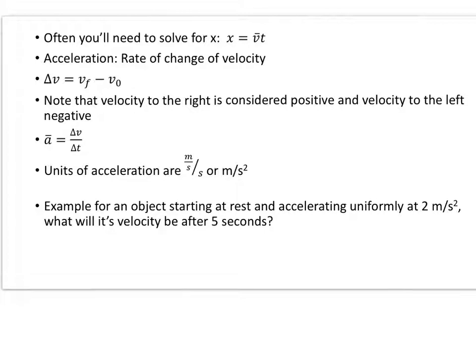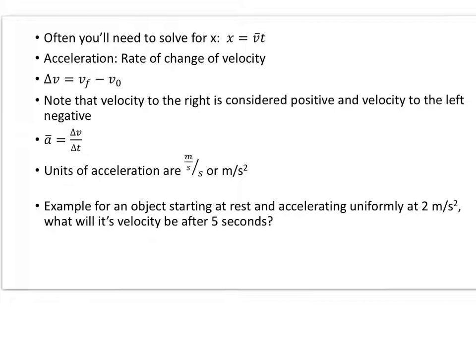Okay, so here's a very simple example. If you have an object starting from rest and accelerates uniformly at a rate of 2 meters per second squared, remember we're thinking about that as meters per second, what will be its velocity after 5 seconds? So, after 1 second, the object starts from rest, its velocity is 2 meters per second because the velocity is changing at a rate of 2 meters per second every second.